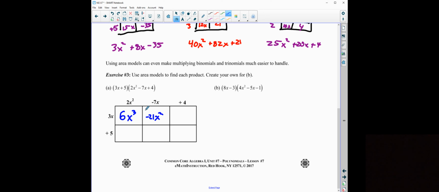This one is 4 times 3x, that's 12x. 2x squared times 5 is 10x squared. Negative 7 times 5, that's negative 35, and there's an x on it. Then 4 times 5 is 20.